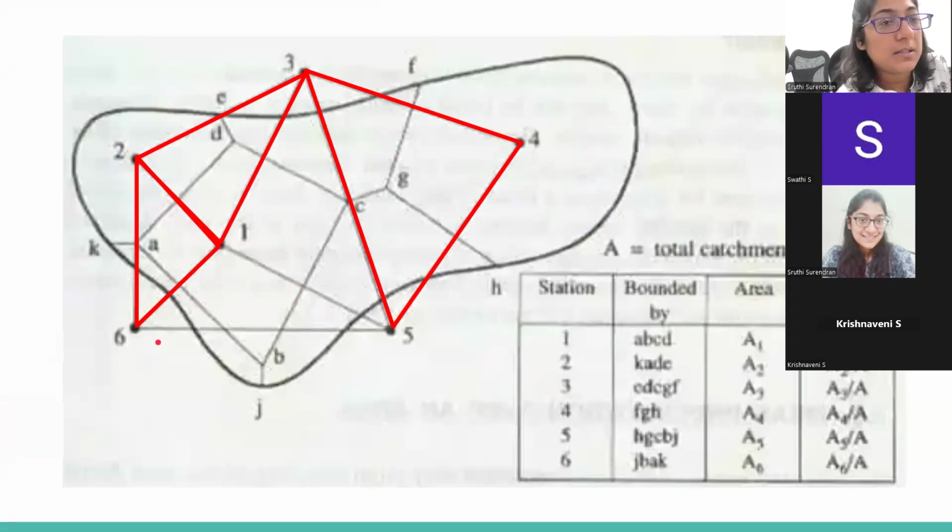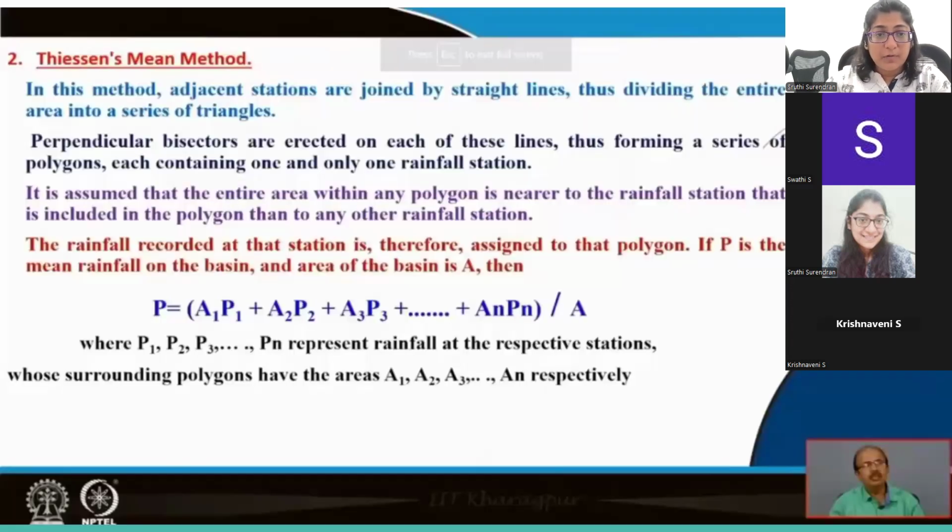It is only representative of the area of the drainage basin. So using this formula, we can find the mean rainfall over a drainage basin, and this method is called Thiessen's mean method.